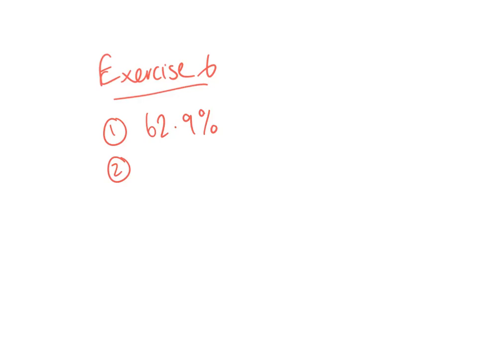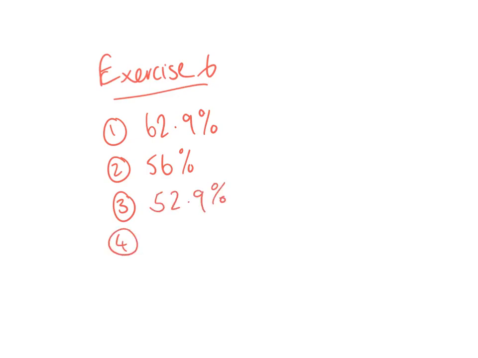Finally, I just want to give you the answers to exercise 6, your atom economy questions, so that you know that you're doing them correctly. Question number 1 should work out as 62.9%. Number 2 should work out as 56%. Number 3, 52.9%.